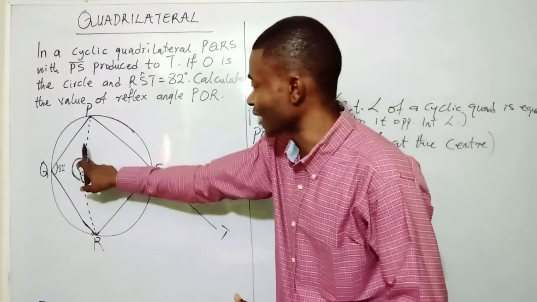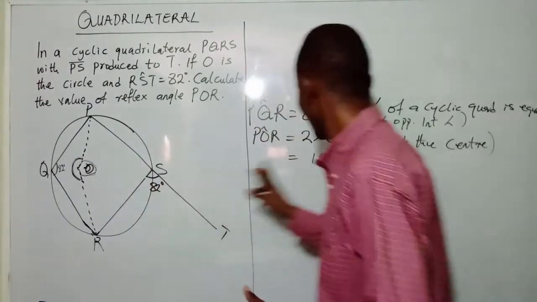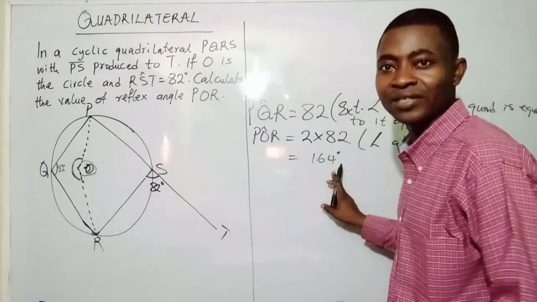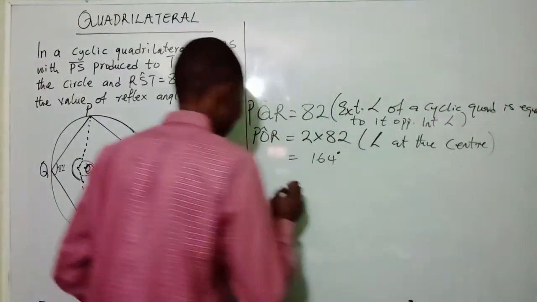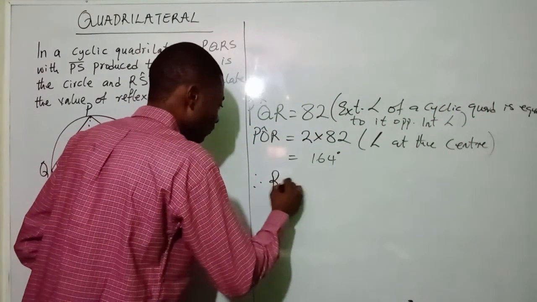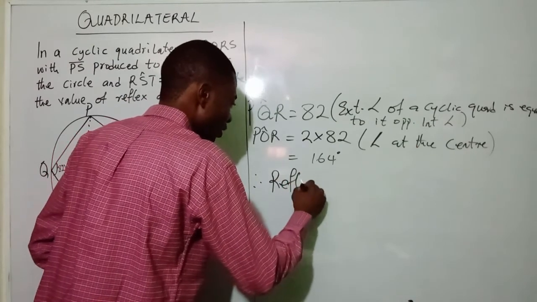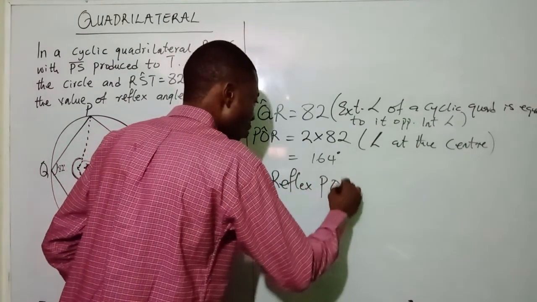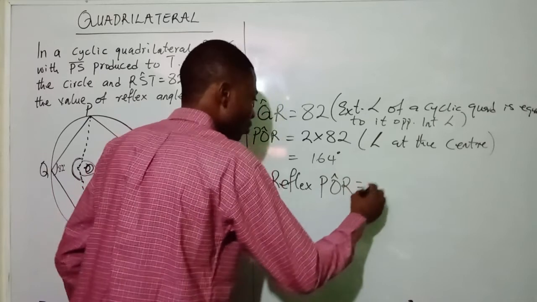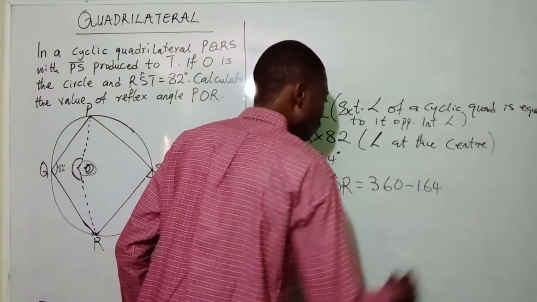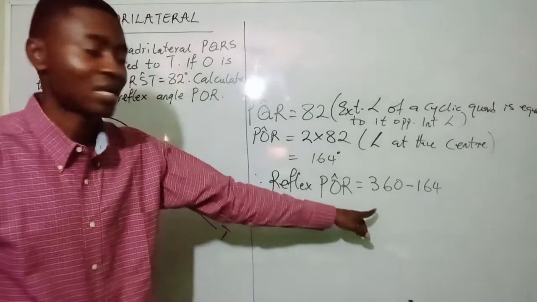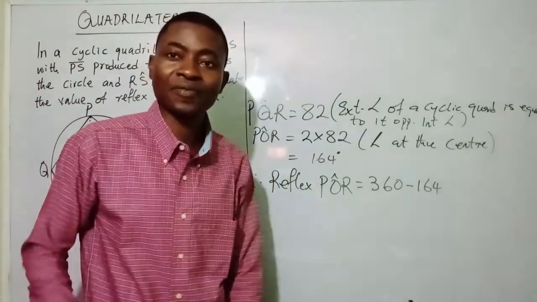We have calculated this angle here to be 164 degrees. So it will be very easy to get the reflex. Therefore, the reflex angle POR is equal to 360 degrees minus 164 degrees.